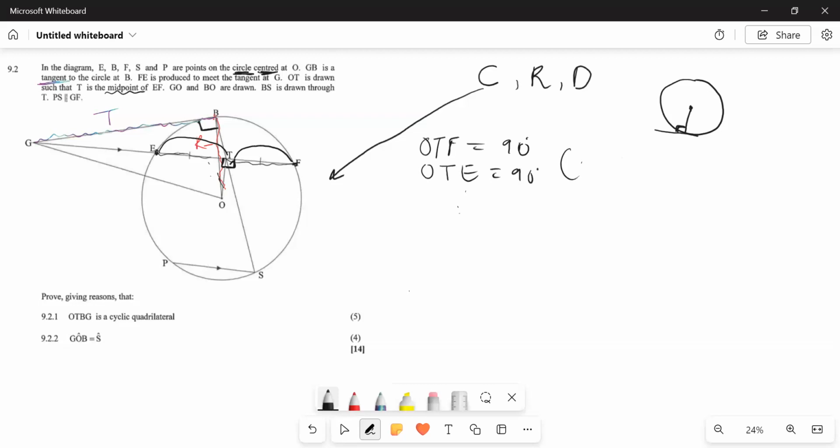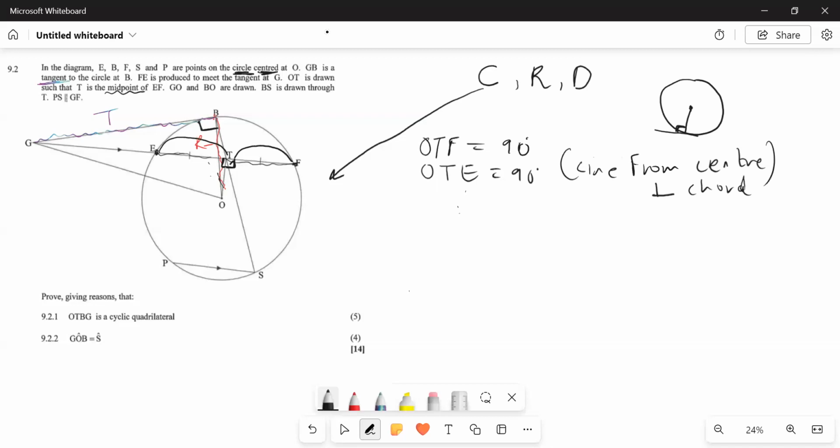The reason: line from center perpendicular to chord, right? It's perpendicular to chord. That's my D.